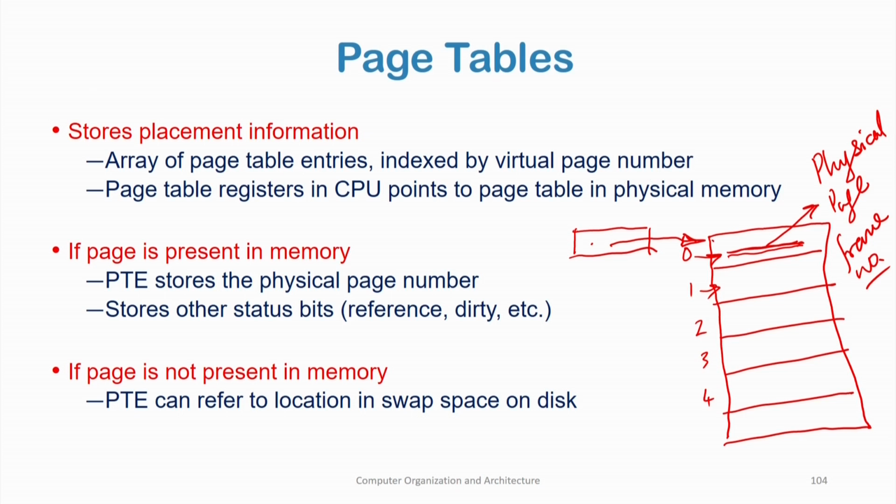Okay. If a page is present in memory, the PTE stores the physical page number, and it can store other bits such as reference bits, dirty bits, etc. We will talk about all this later. Reference bits are used to understand whether this page was referenced within a given time in the past.